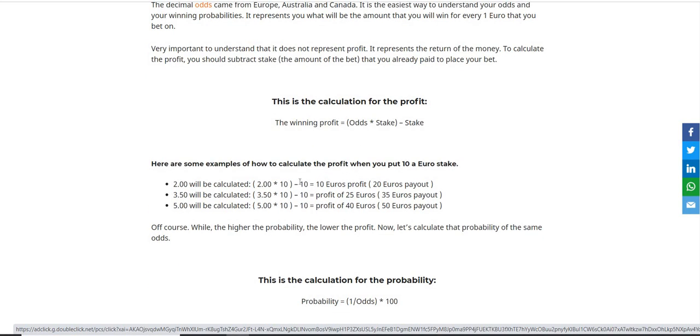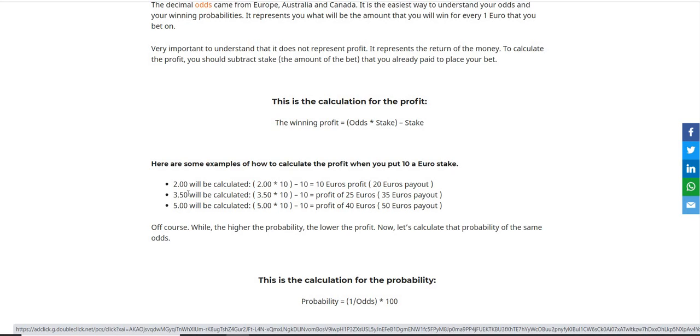And here are examples. If you put a stake of 10 euros and the odds are 2.00, this is the calculation: odds multiplied by stake, 2.00 times 10, minus the stake, 10. The profit for this bet of 10 euros is 10, and the payout is 20.